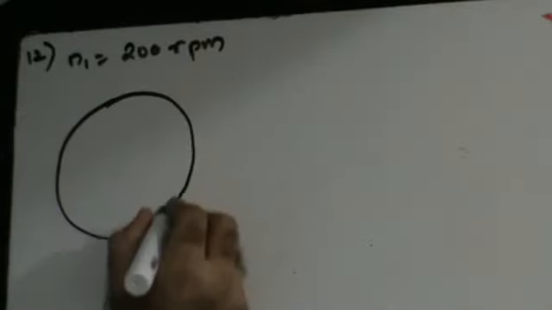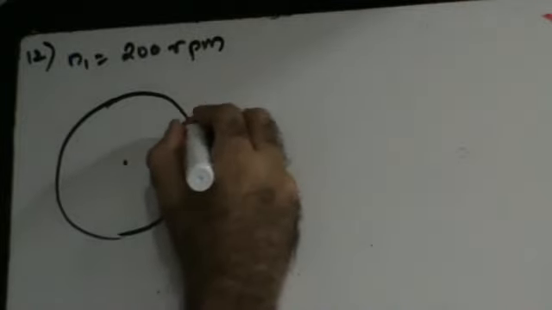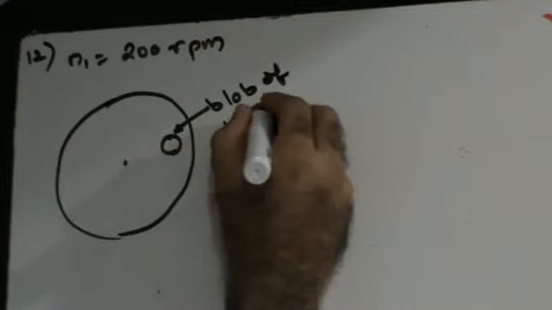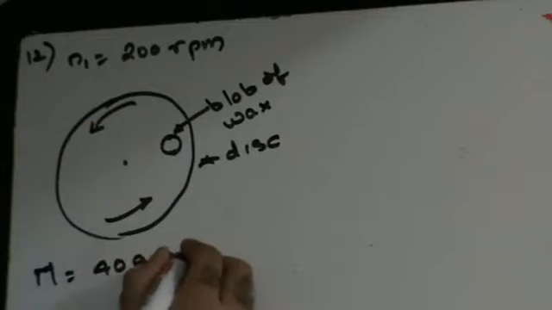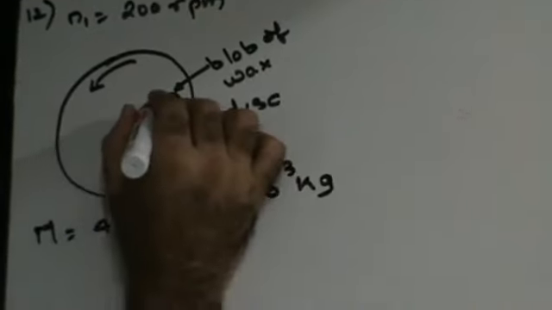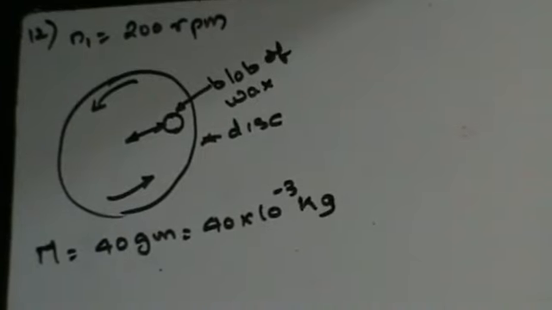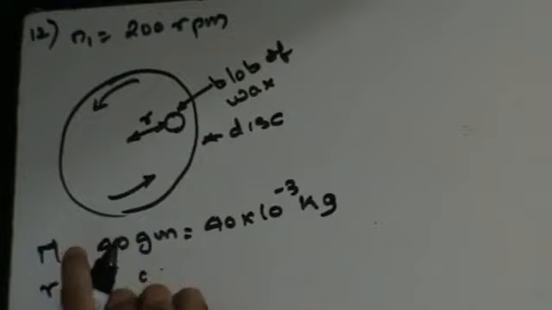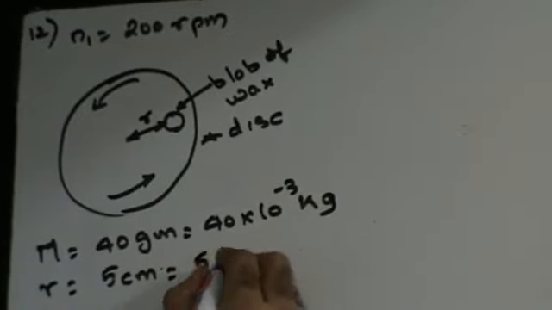A blob of wax of mass 40 grams falls on the disc at a distance of 5 centimeters from the axis.